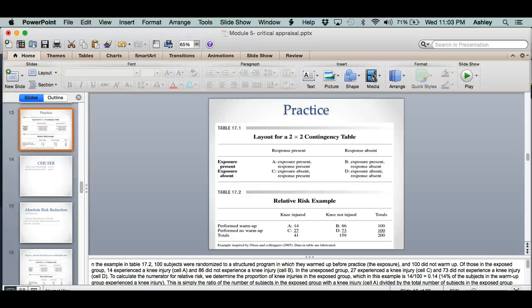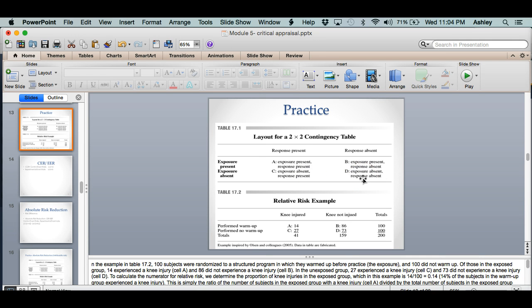And 100 did not warm up. Of those in the exposed group, 14 experienced a knee injury. That's cell A. 86 did not experience a knee injury. That's cell B. And in the unexposed group, 27 experienced a knee injury. Cell C. And 73 did not experience a knee injury, which is cell D.